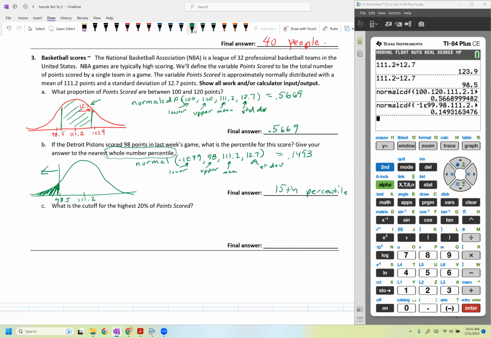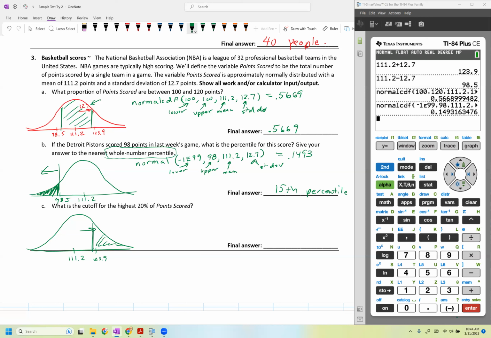All right. What is the cutoff for the highest 20% of points scored? Well, let's go ahead, draw the distribution one more time. And going up about 123, for that first standard deviation. We want to be about where the upper 20% is, something like that.